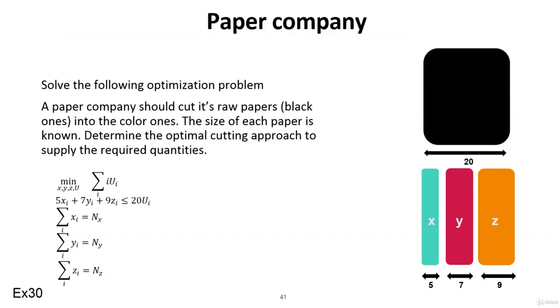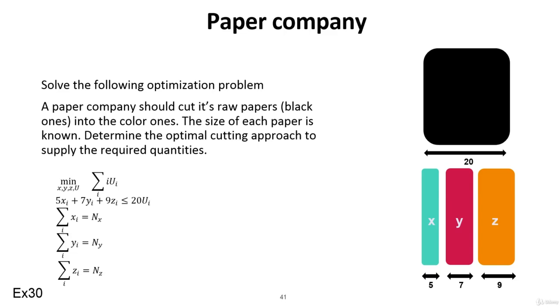This example is called the paper company. Suppose a paper company should cut its raw papers, which you can see as the big black papers, into the color ones, and the size of each color paper is known, and also the black one as well. I want to know how we should optimally cut these big black papers into the color ones.